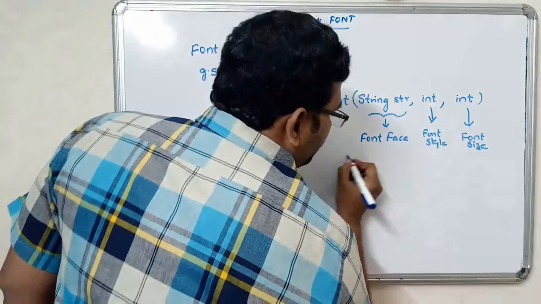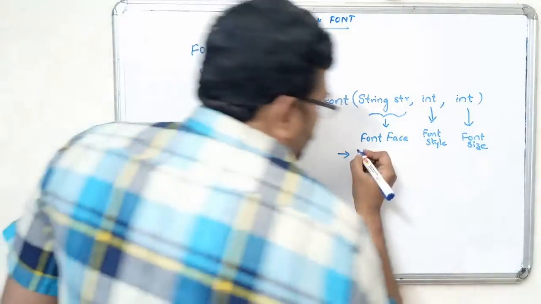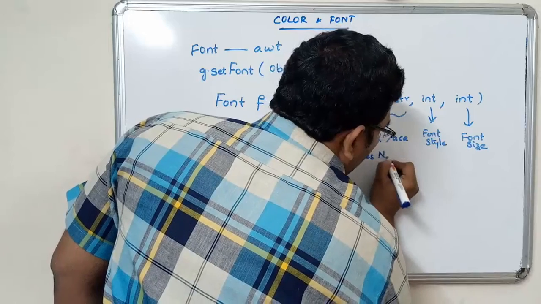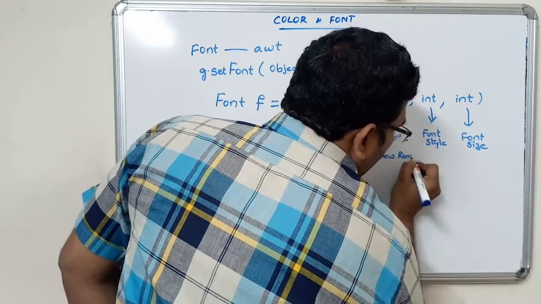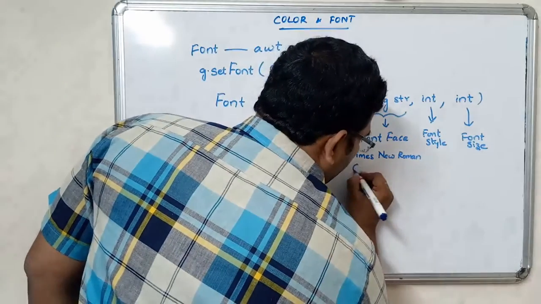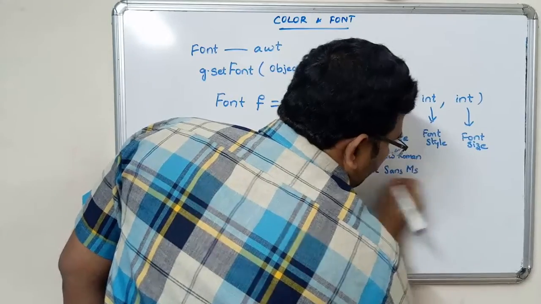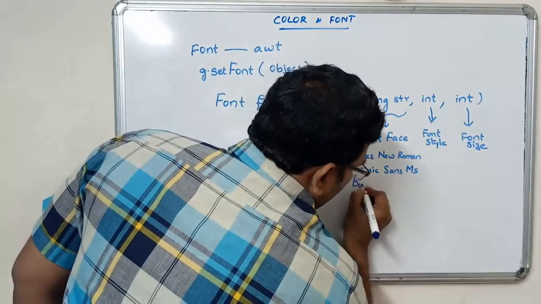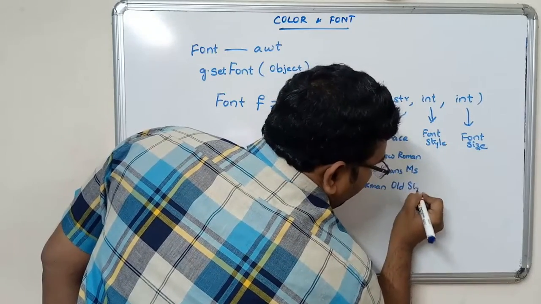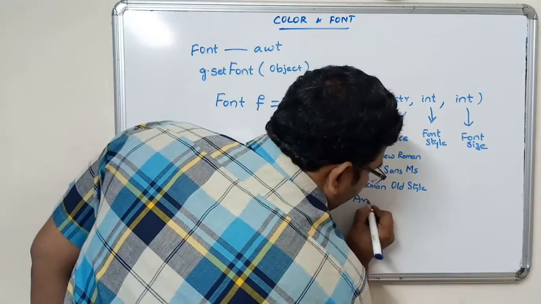What is a font face? We know that there are different styles of font, right? Times New Roman is one type of font. Similarly, Comic Sans MS, Bookman Old Style, and Arial font.